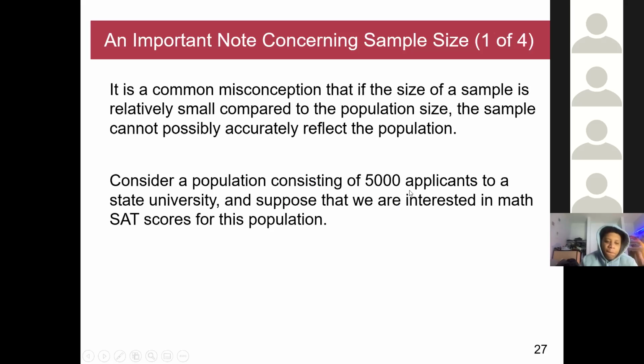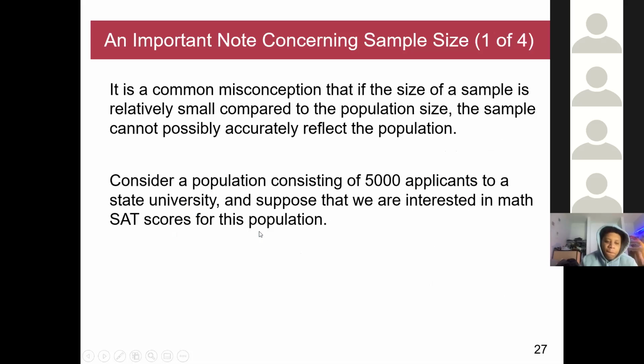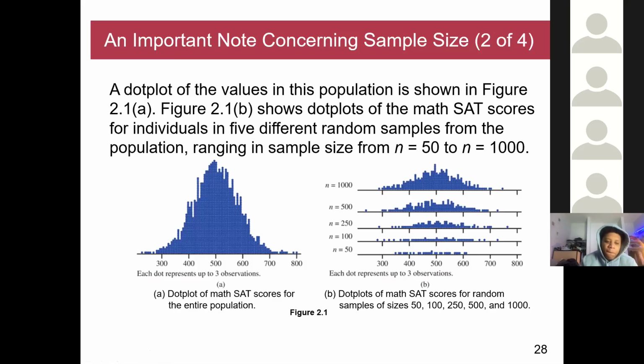The population is 5,000 applicants to a state university, and suppose we're interested in the math SAT scores for this population. We're going to learn more about dot plots in the next section, next week. It's one of the graphs that we can use, and this dot plot represents the distribution of these 5,000 scores.